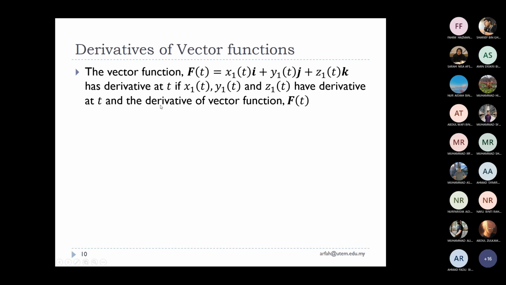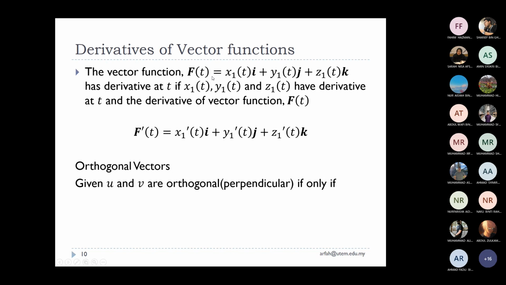Okay, so the derivative of the vector function f will be equal to taking the derivative of the x1 component plus the derivative of the y1 component with respect to t plus the derivative of the z1 component with respect to t. Okay, so kita akan bezakan setiap satu komponen i, j, and k of the vector function.